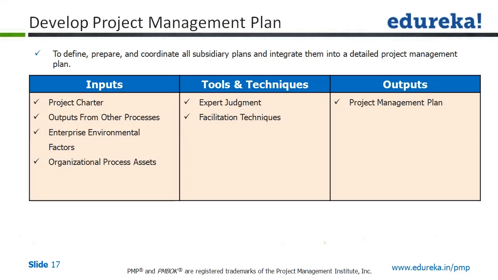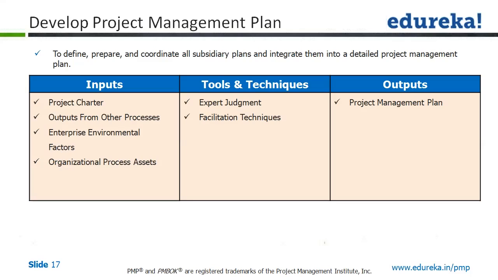And what are the inputs available for us till this stage? The first input is the project charter, which is basically an output of the previous process. The third and fourth inputs, I told you, are the enterprise environmental factors, which is EEF, and the organizational process assets, OPA.